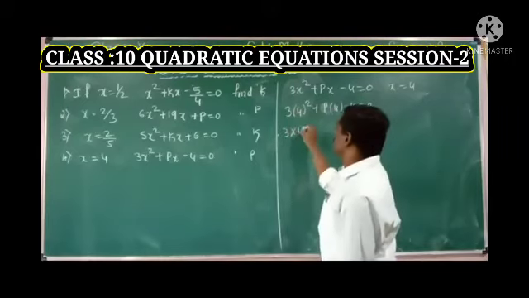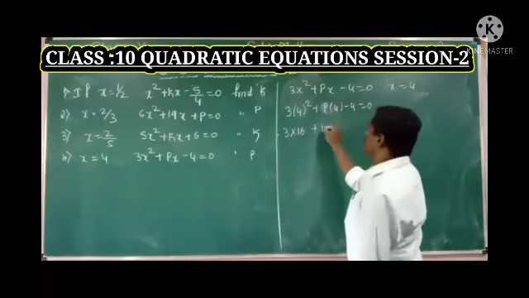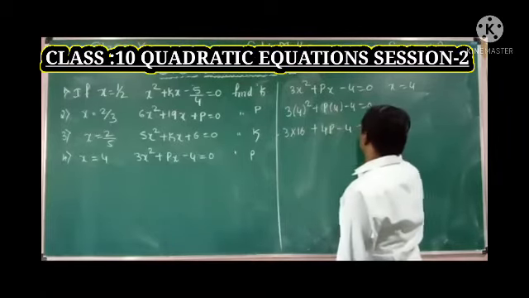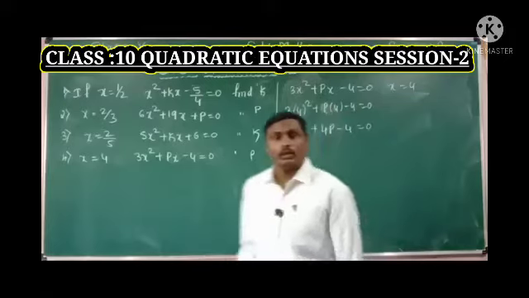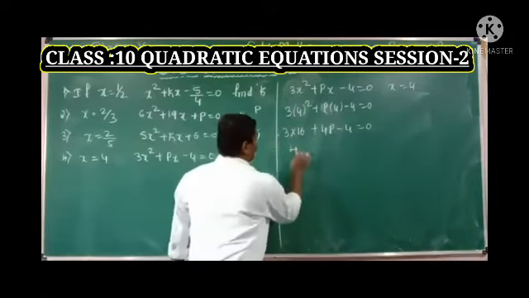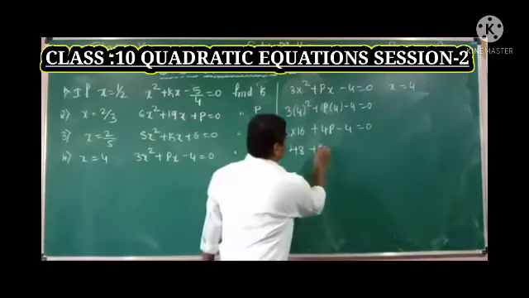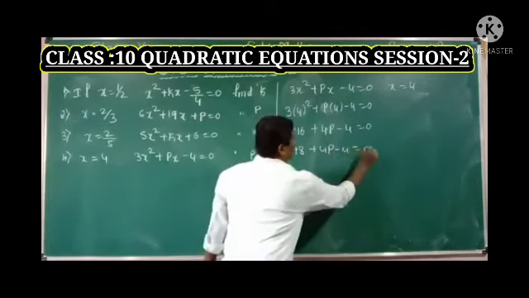So 3 into 16 plus 4 into p, means 4p, minus 4 is equal to 0. 16 3s are 48 plus 4p minus 4 is equal to 0.